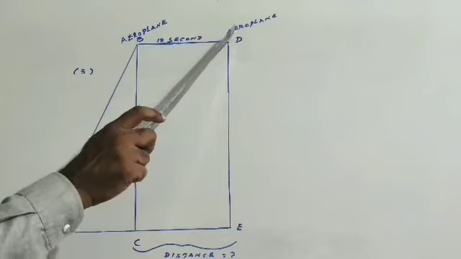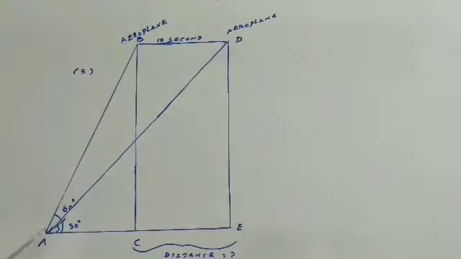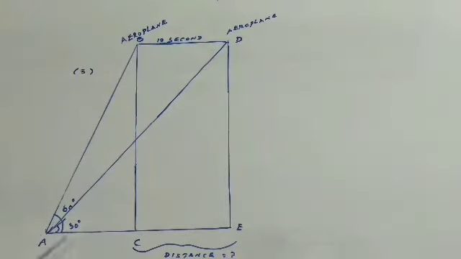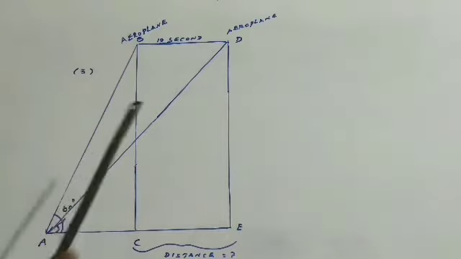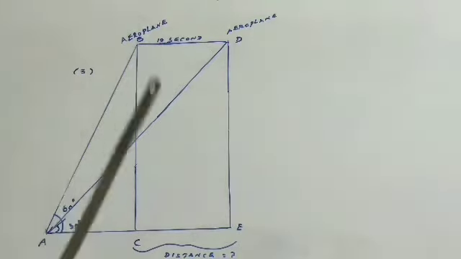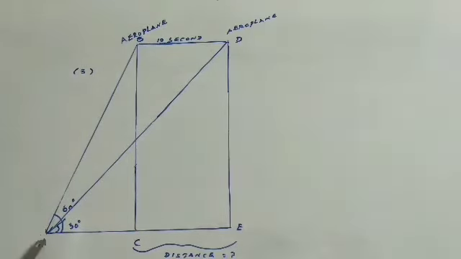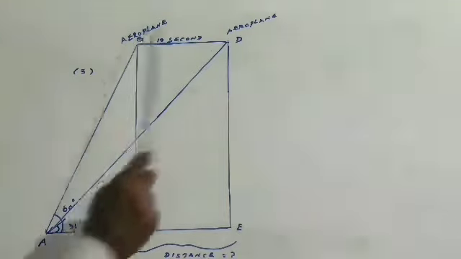Consider it is the position at D. Now the angle of elevation of the aeroplane is observed at 30 degree. Now they are asking the distance traveled by the aeroplane after 10 seconds. Put this as A, B, C, D, E. Now they are asking the distance BD.